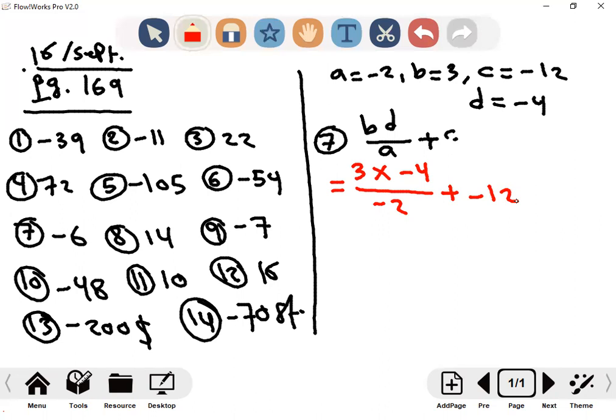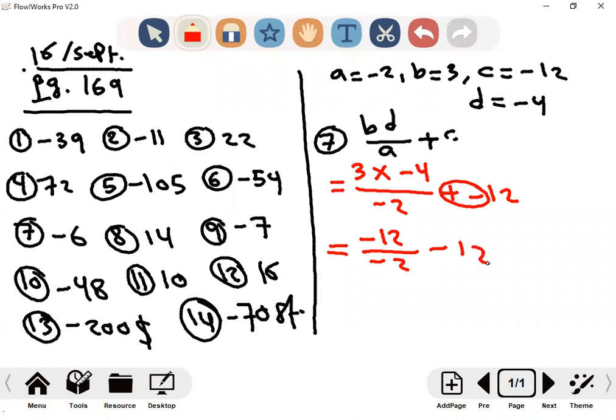First we have here the fraction. We prepare it, then we add or subtract, right? Let's go with the fraction. Up what we have? 3 multiply -4, how much? -12 over -2 plus -12, right?